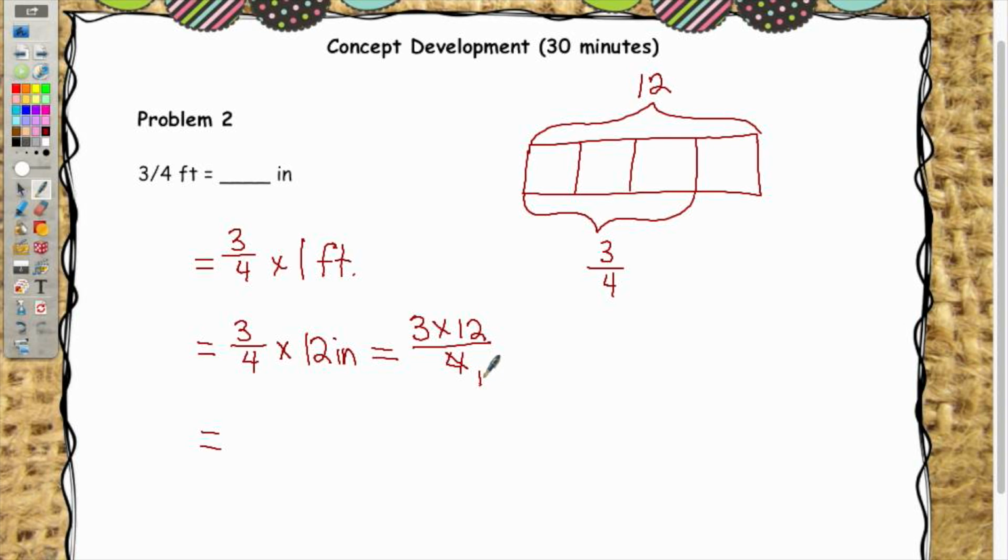Yes. How many times? 3. So my answer to what goes in the box is 3. If I multiply 3 times 3, 9, I'll get 9 inches. Does that make sense? Yeah. It's less than a whole foot, which would be 12 inches, but it's more than a half, which would be 6. Okay, so let's do the next one.